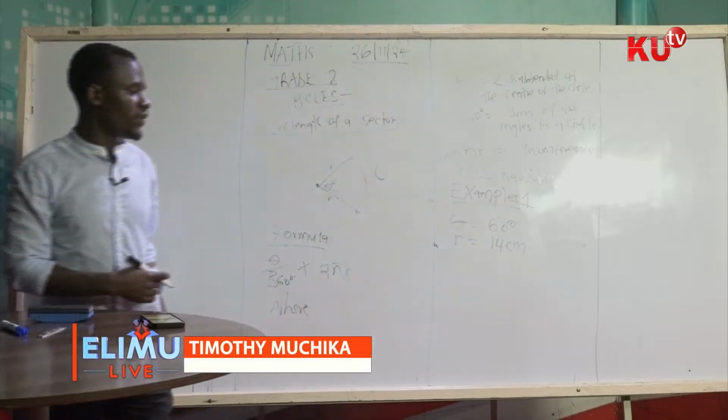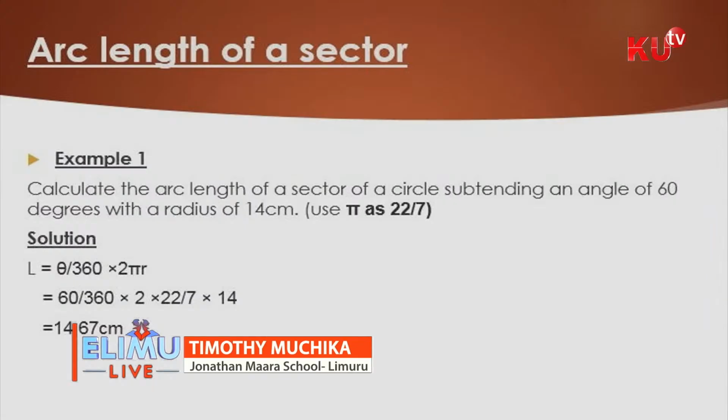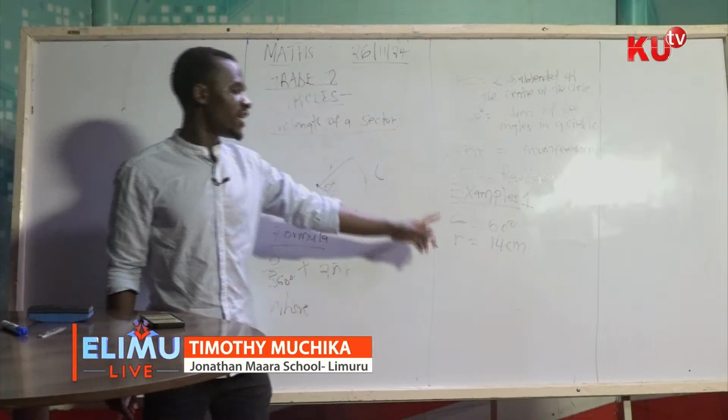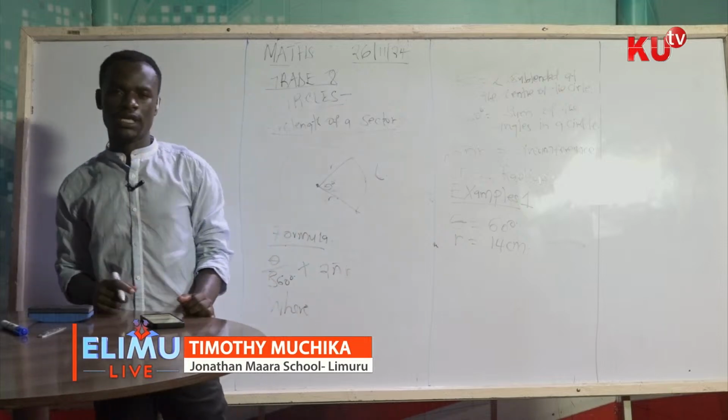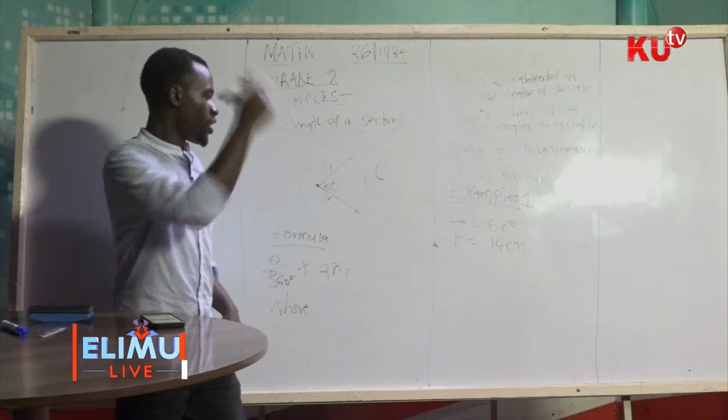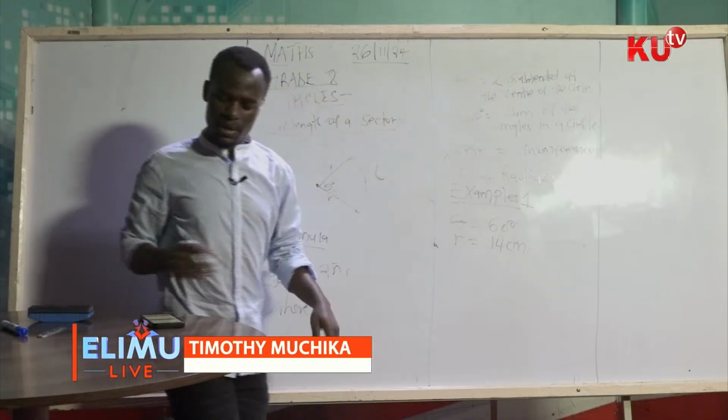So we are going to calculate the arc length given that the angle subtended at the center of the circle is 60 degrees and the radius is 14 centimeters.